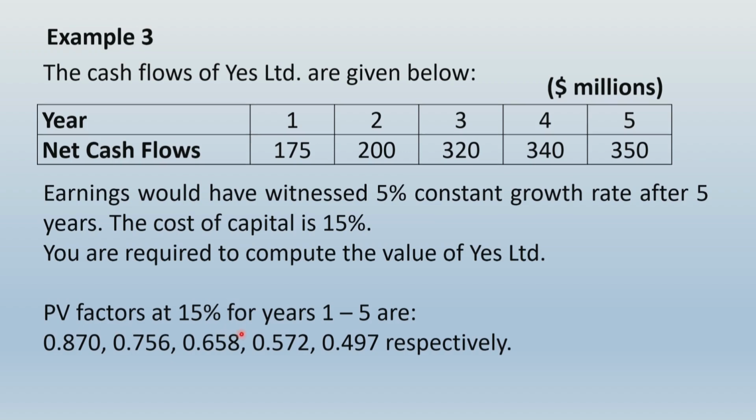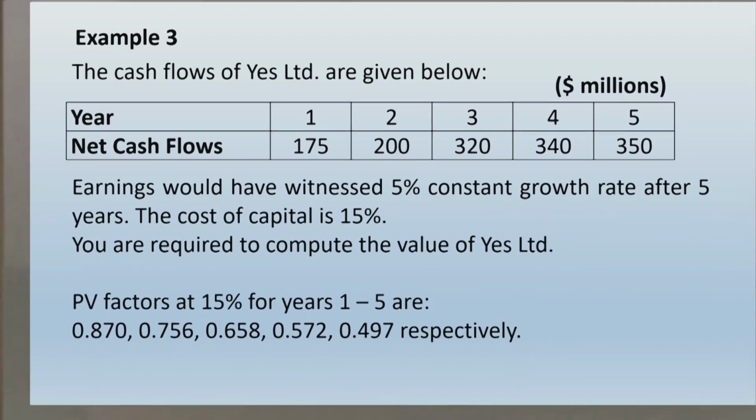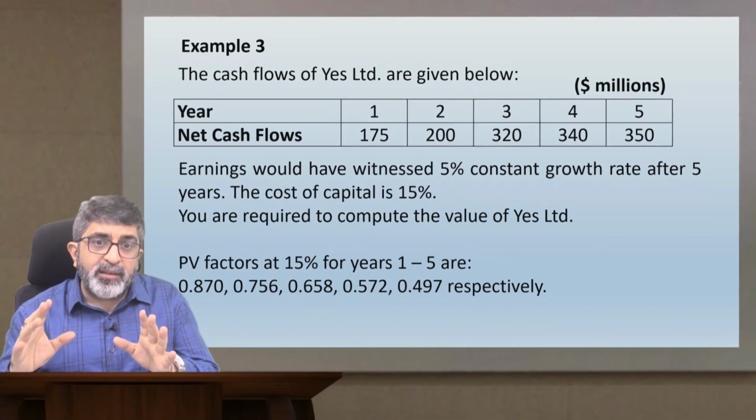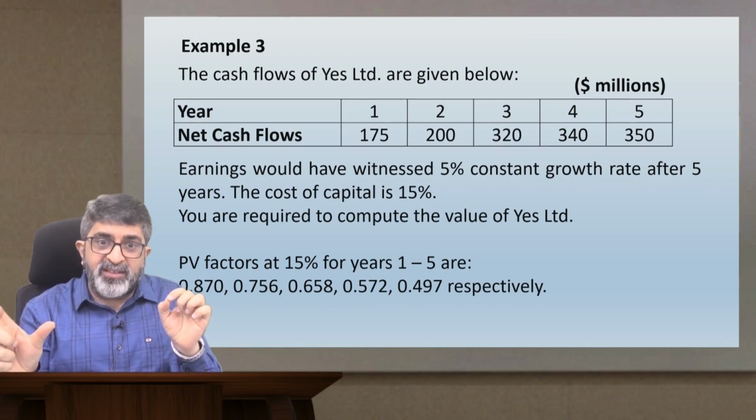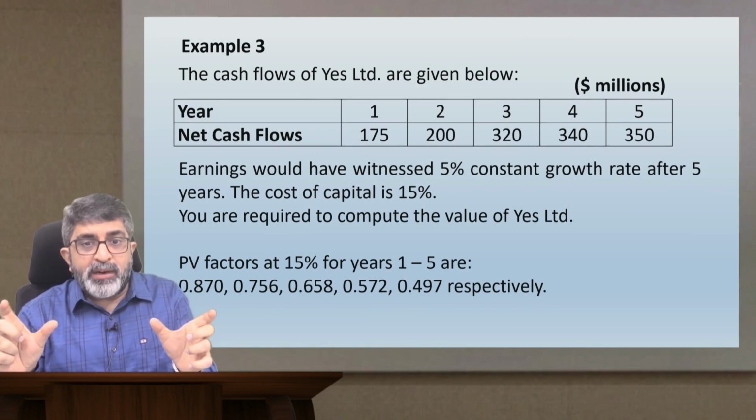The present value factors at 15% for years 1 to 5. The question itself has indicated the present value factors or the discount factors. Now, what is important? You need to assess the value of this business. So first thing that you need to understand is any question targeting the valuation of the business or valuation of equity?